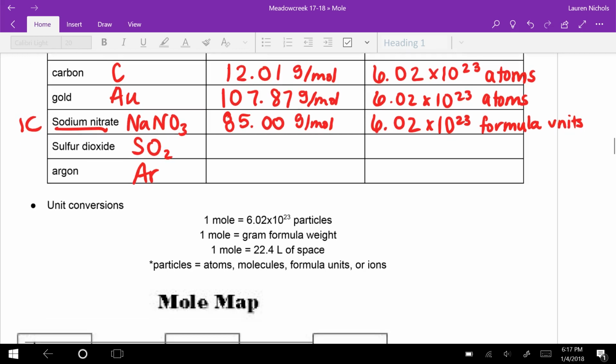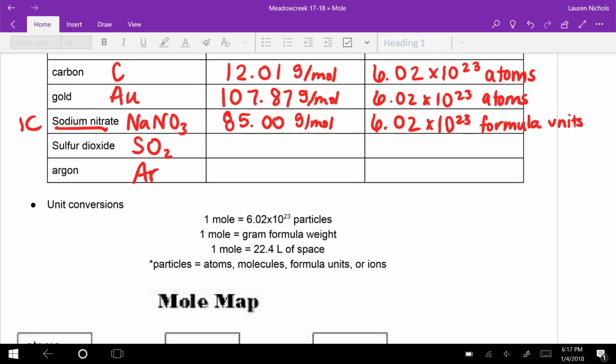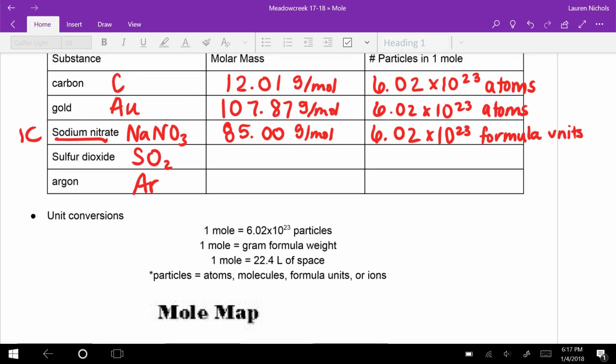And so if you look at your conversions, we see that 1 mole is going to be equal to 6.02 times 10 to the 23 particles. And again, remember, particles could be atoms, it could be molecules, it could be formula units, it could be individual ions.